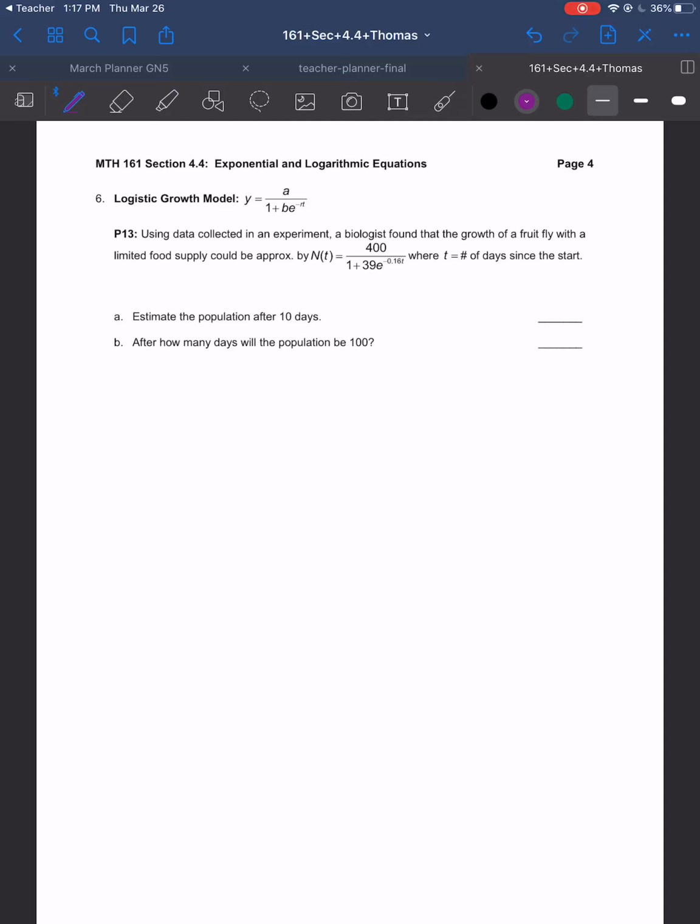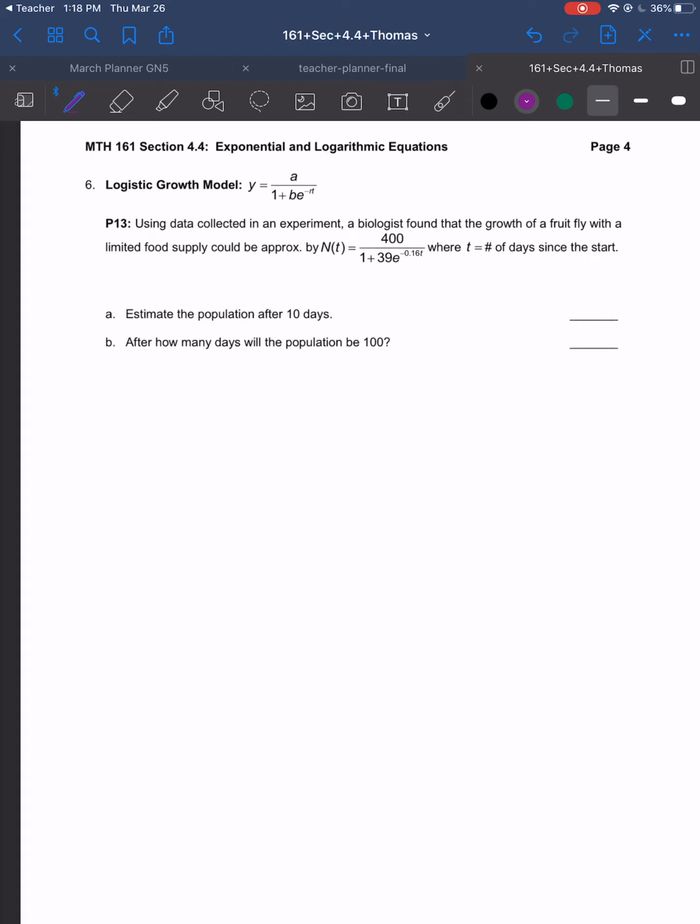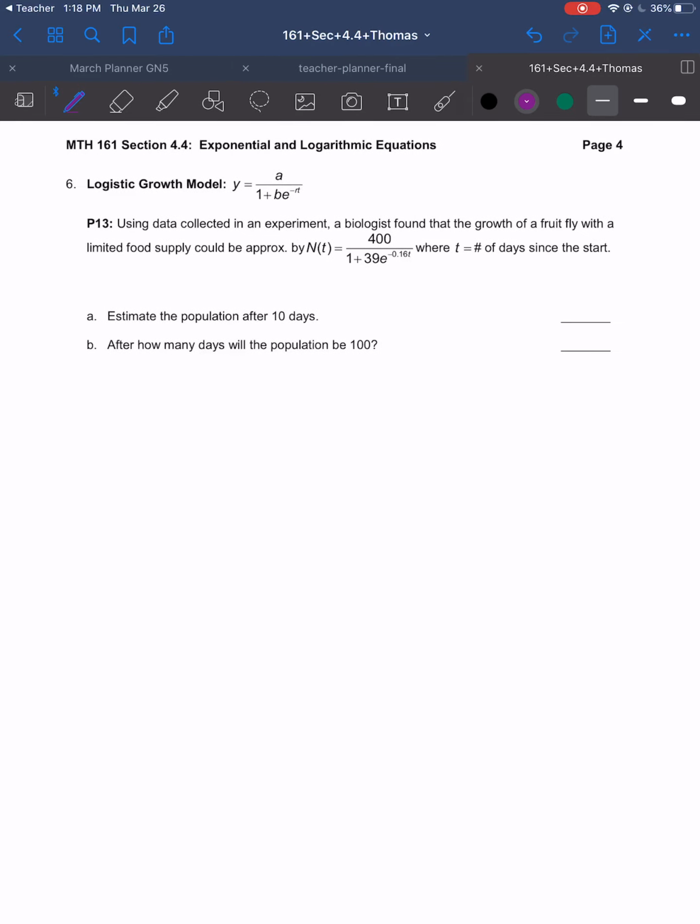So, using the data collected in an experiment, a biologist found the growth of a fruit fly, that's not hard for me to say at all, with a limited food supply could approximate, using that lovely function there, this great function, where t is the number of days since the start. So we want to first estimate after 10 days. So t is 10, so that means we want n of 10.